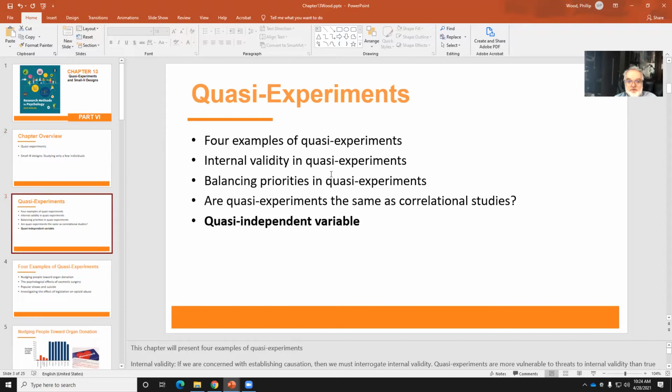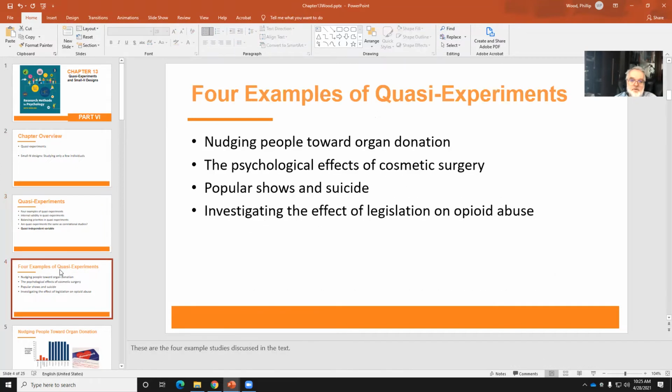We're going to give 4 examples of quasi-experiments, and we'll talk a little bit about internal validity issues and what makes a good quasi-experiment. So here are some examples, kind of a mix of health psychology and politics, but can we look at states' policies towards subscribing to organ donation and whether people actually donate?